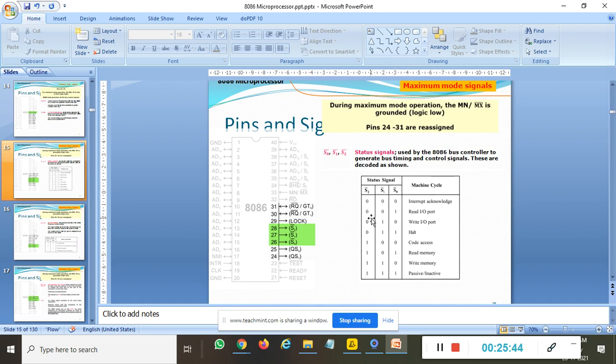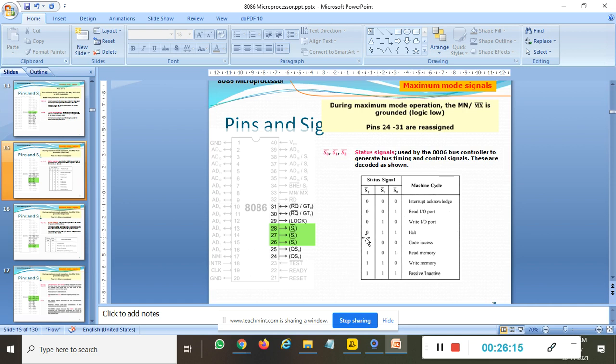Okay. 0 0 1. And when S2 is low, S1 is high, meaning 1, and S0 is also 0, then the machine cycle or operation is write IO port, meaning the processor writes data to the input output port or IO port.